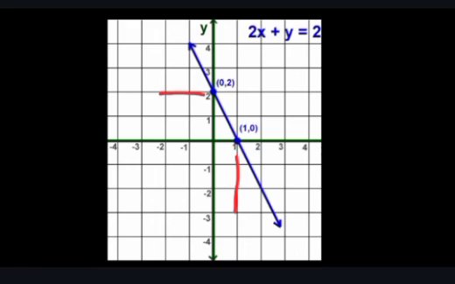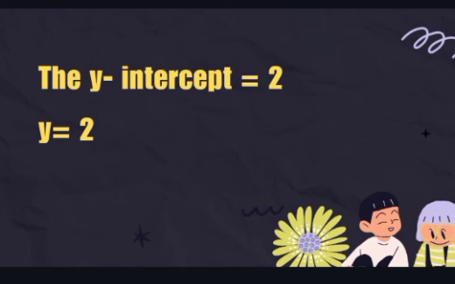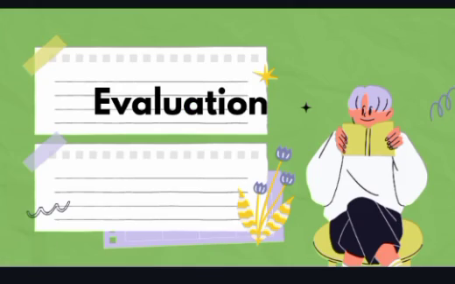And if you look at that very carefully, the blue line, that's our straight line, cuts the y-axis at the point where y is equal to plus 2. So our y-intercept is equal to 2. That is y is equal to 2. So that is basically, my friend, how to plot straight line graphs.